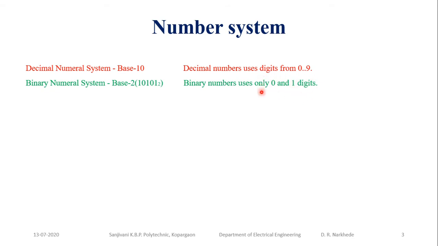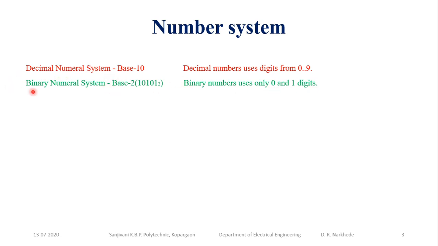Or you can say logic high means 1, logic low means 0. So the binary number system has only two states, zeros and ones, and they represent the supply. That may be a transistor being on or a switch being on. Switch on means 1, switch off means 0.